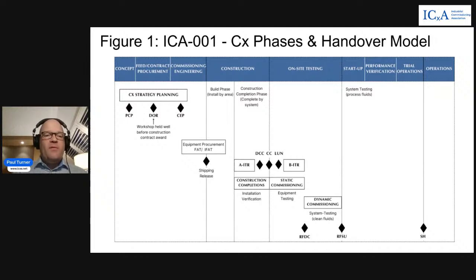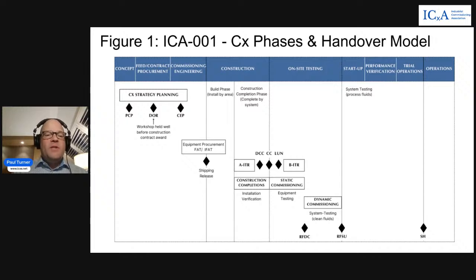So this is made up of our project commissioning plan and our division of responsibility matrix. These two documents are the fundamental core documents that define what's going to go into our contracts for construction and for design activities, and what that handover from construction to commissioning is going to look like, for a smooth handover from one group to the other.